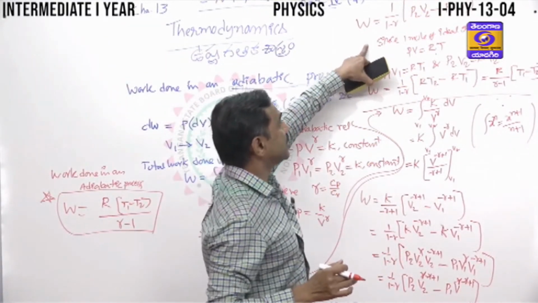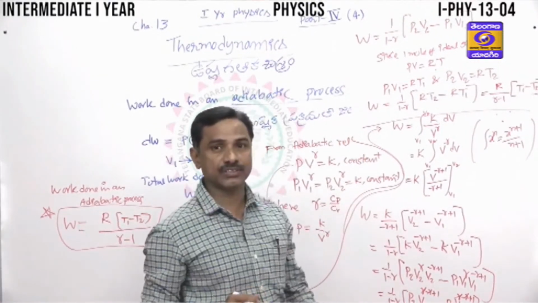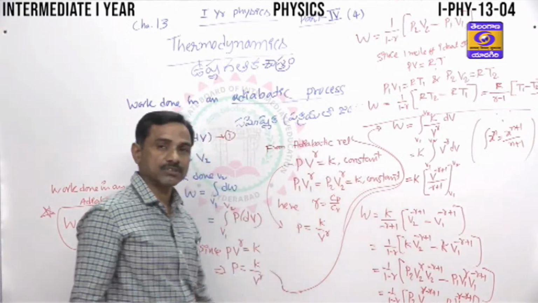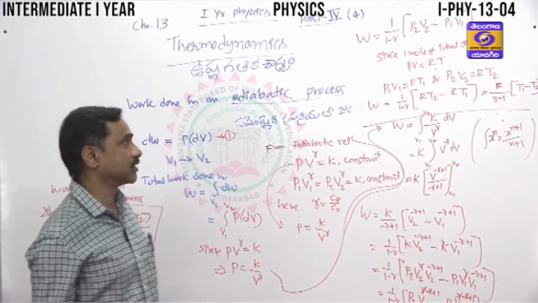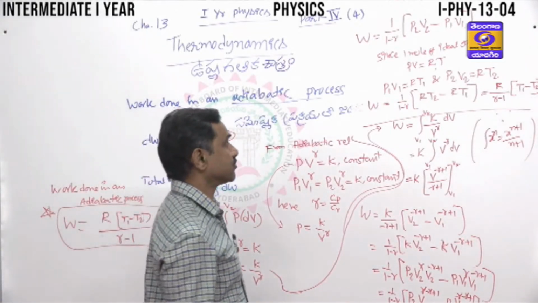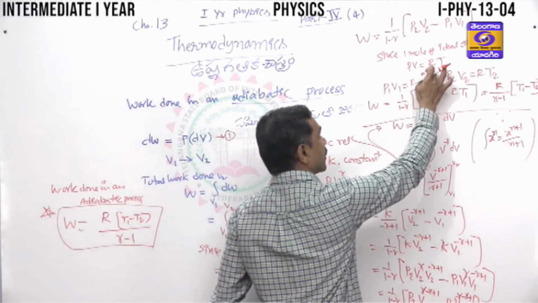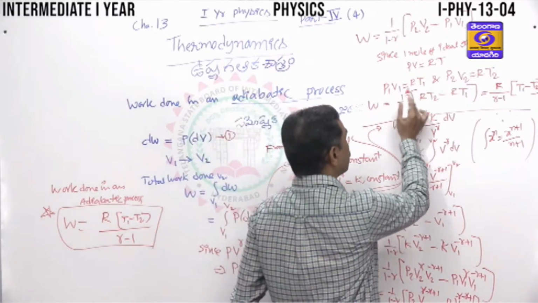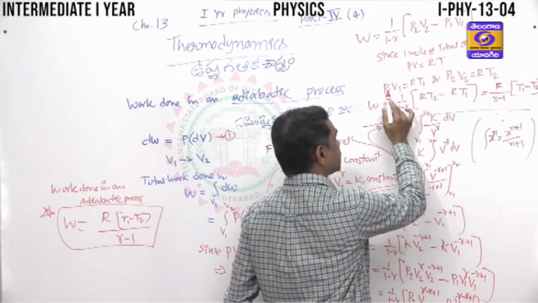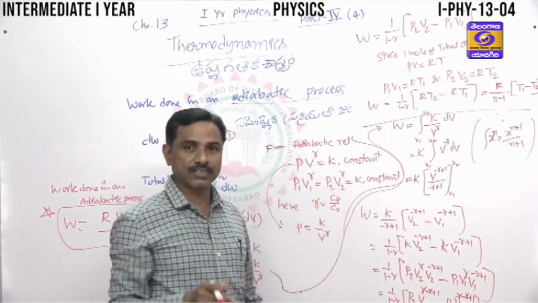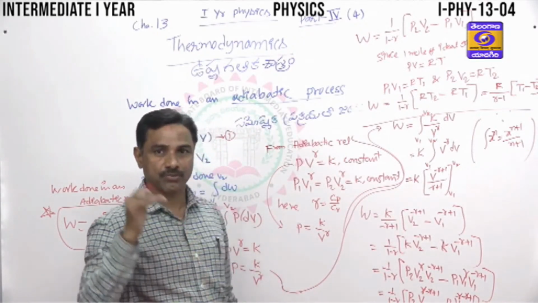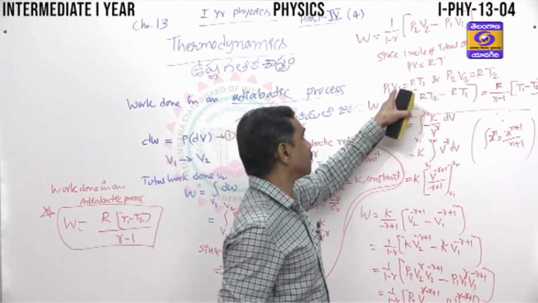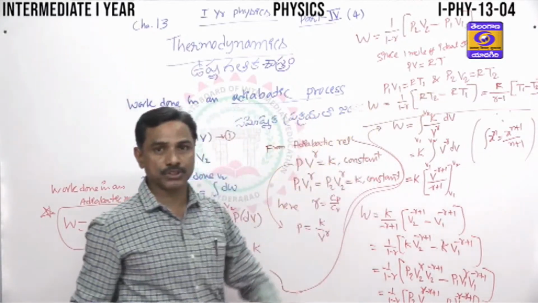For 1 mole of an ideal gas, PV is equal to RT, a familiar expression. You already studied this ideal gas equation, where R is the universal gas constant. In an adiabatic process, all three thermodynamic variables, pressure, volume, and temperature, change. Let us say P1, V1 be the pressure and volume at temperature T1.